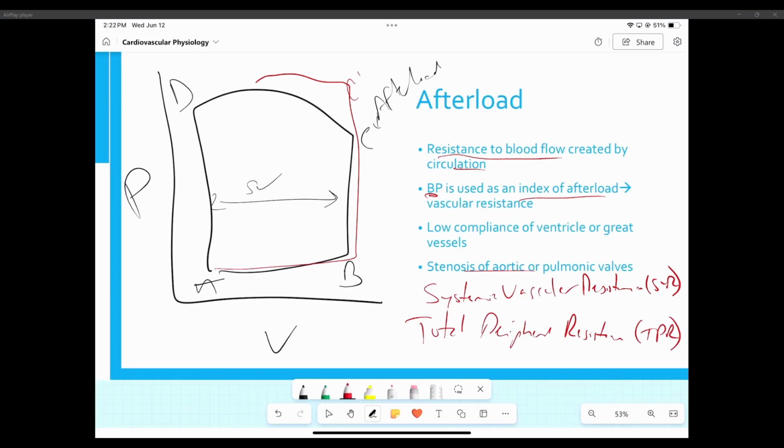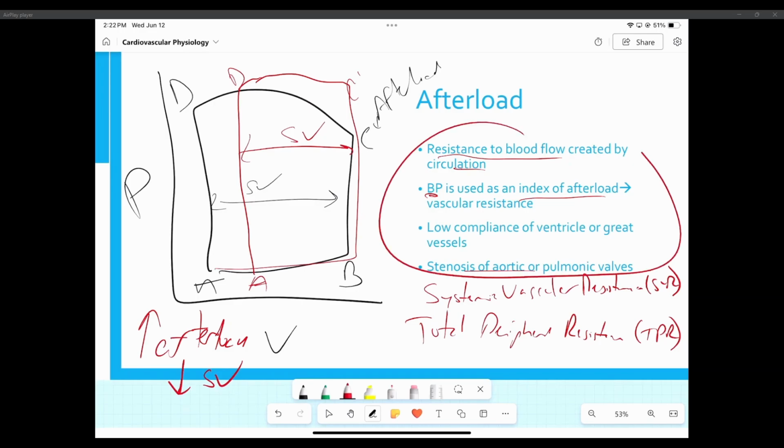If I'm spending more time generating pressure, I have less time to get it out. So therefore, the whole thing changes. Now look at our stroke volume. What happened to our stroke volume as we increased our afterload? Decreased. So if you increase afterload, you're going to decrease stroke volume.